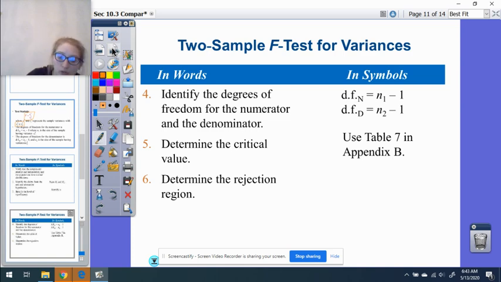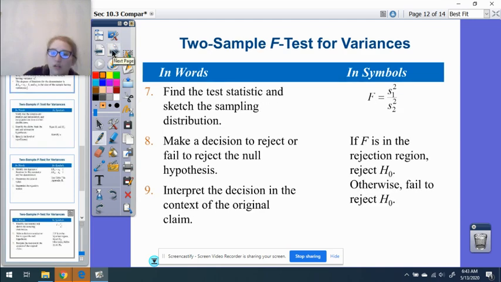Use the table to determine your critical value, find your rejection region, and then go ahead and find the test statistic. You're going to determine if it's in the rejection region or not, and then interpret with our summarizing sentence. Okay, so let's go ahead and go through, I've got 2 examples for you.